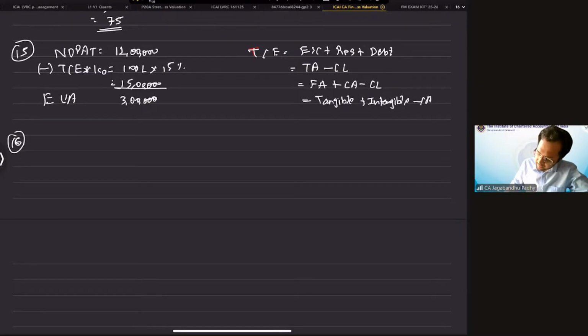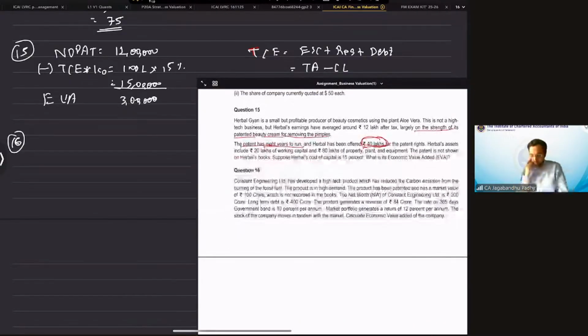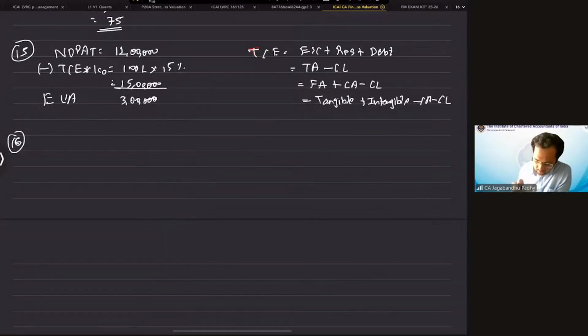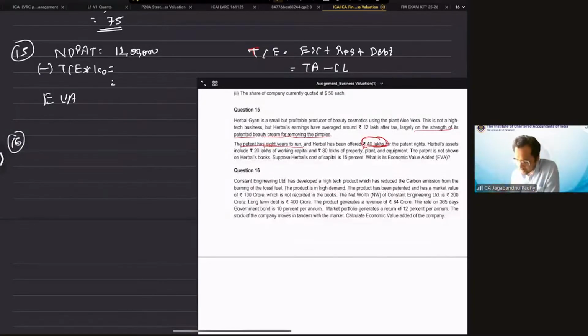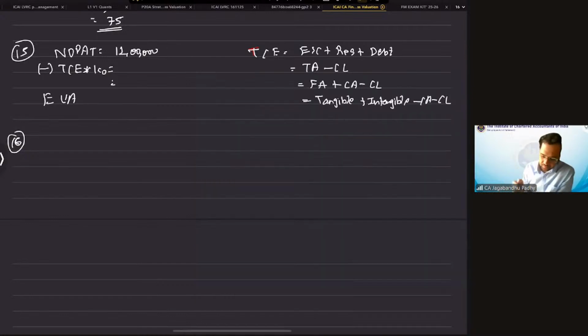Since this is an intangible asset which the company has bought, and it is not something which has automatically arisen, we will be including it over here. True, guys, because the question says it is largely on the strength of the patented beauty cream, and the patent still has a life of 8 years to run. Had the patent lost its life, or had it not been in the books, then we would have excluded it. But yes, we will include it.